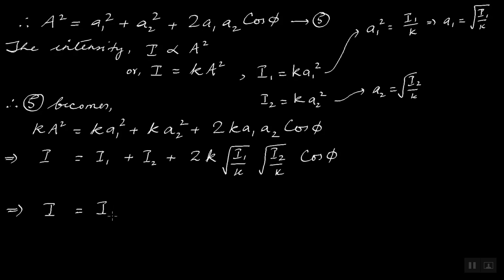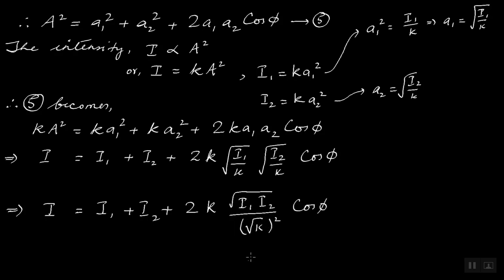So I here will get I1 plus I2 plus 2. Now this k, can I do like this? Can I write it as k I1 I2 under 1 root? This will be k square, right? Root k square, yes or no? Right? So this k square and this square root will be cancelled. So I get only k down here.